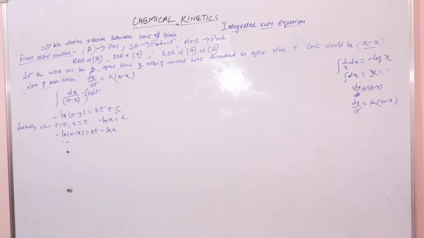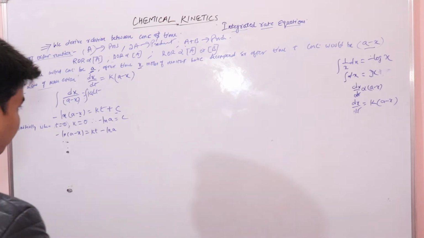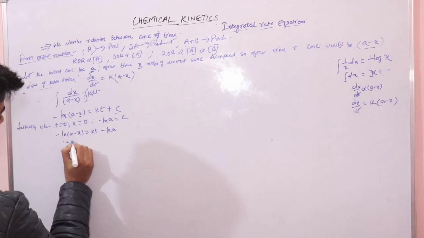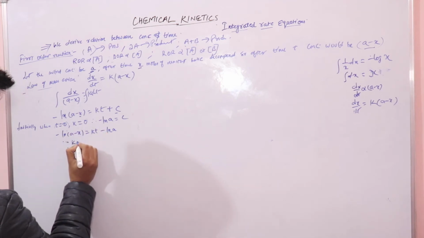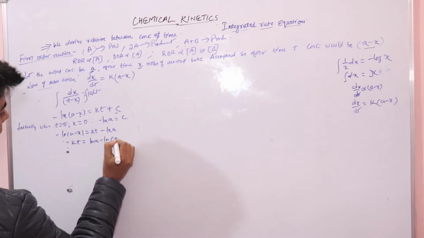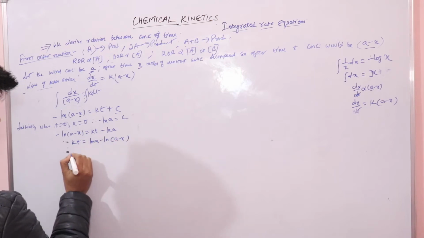Right, to get the value of K, what we will do is, we'll just bring it over here. KT is equal to ln A minus ln (A − X), right?